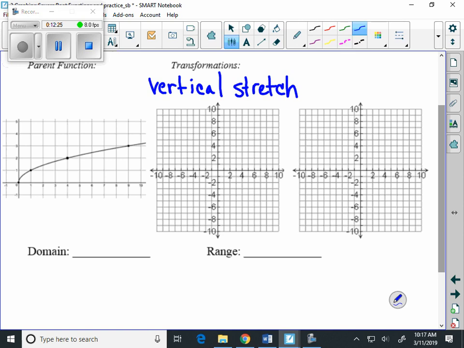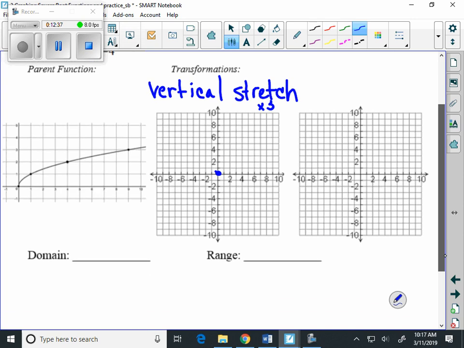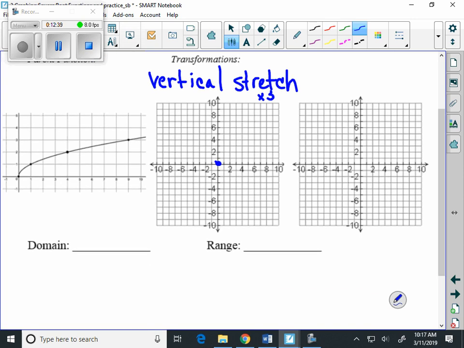The 0, 0 in this particular case isn't going to change. We're going to vertically stretch this graph by a factor of 3. That means that the y value of our points are going to change. Our y value was 0, and 0 times 3 is still 0.